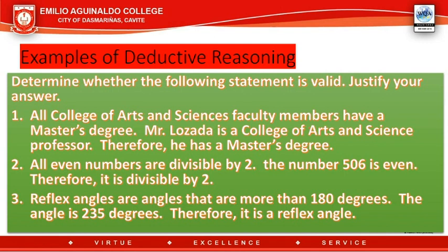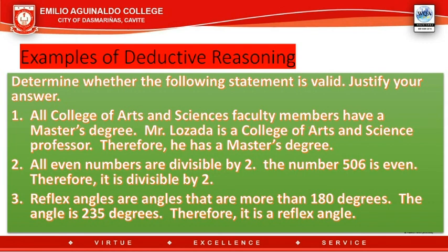Okay, the second one, all even numbers are divisible by 2. We all know that by convention and by fact that all even numbers are divisible by 2. The number 506 is even, therefore it is divisible by 2. This one is also valid since we follow certain facts. Lastly, number 3, reflex angles are angles that are more than 180 degrees.